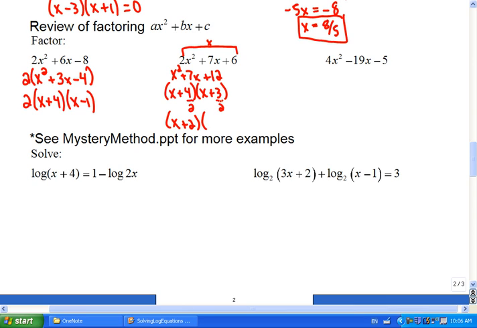And I can't reduce that fraction anymore. So I can rewrite this as x plus 2. And that 2 that is on the bottom will go to the top as 2x plus 3. And if you FOIL this out and check, you'll find that this is actually the factored form of the one that's up there.